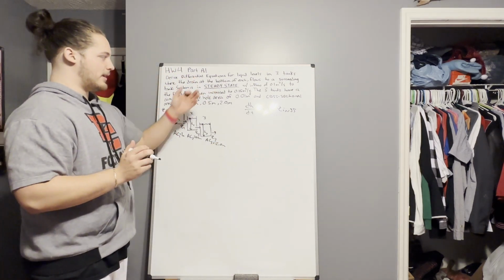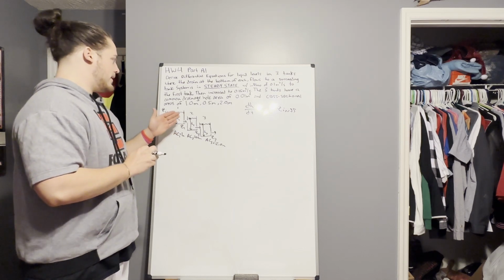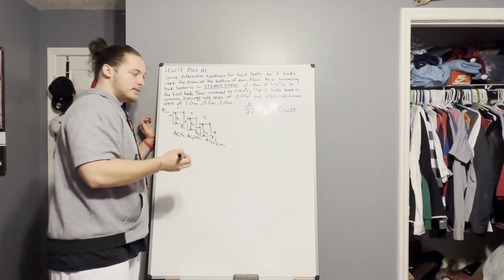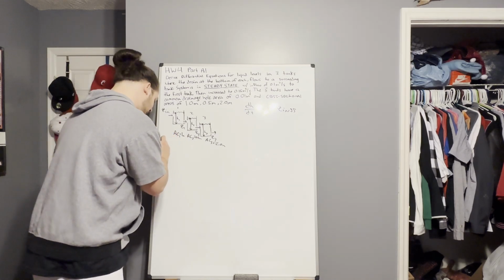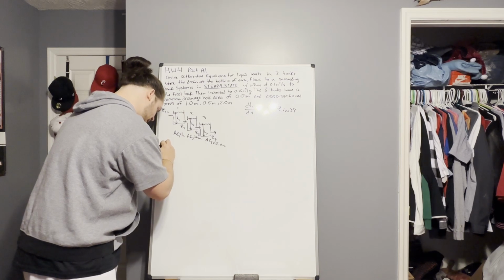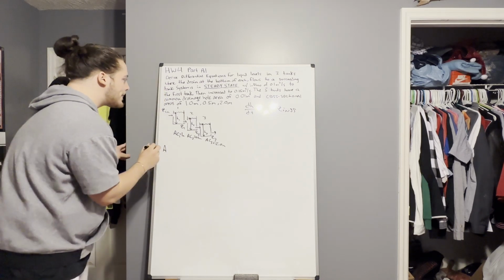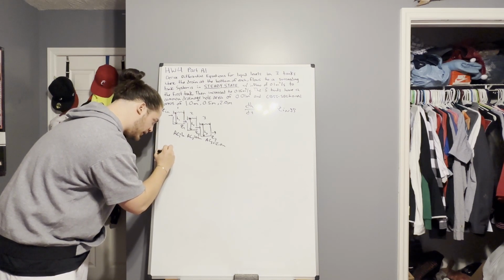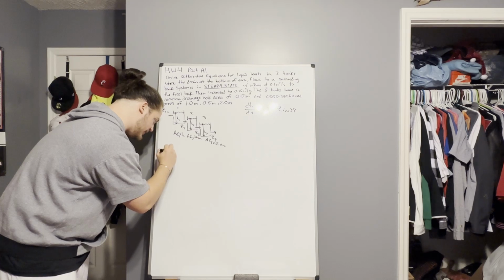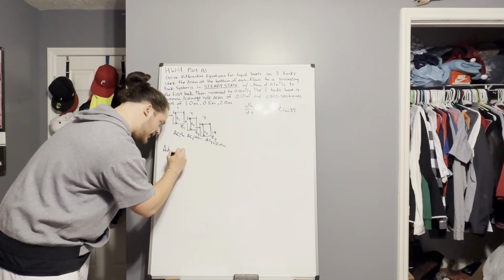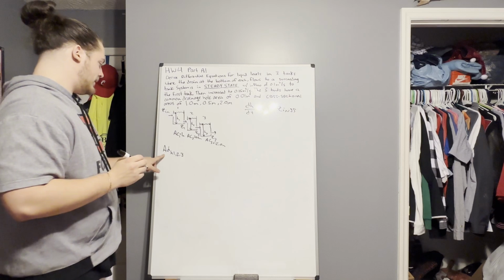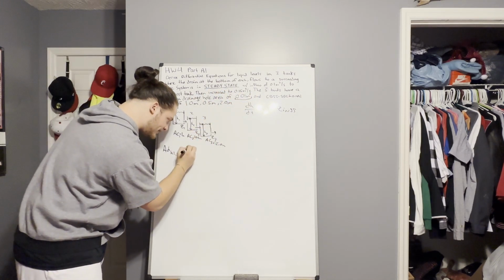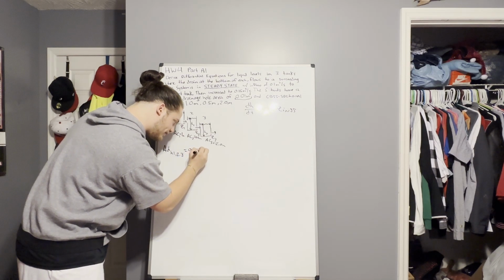And again, from our problem, we are given that all 3 holes have a common drainage hole area of 0.01 meters squared. So we can rewrite that as our drainage hole area for H1, 2, and 3, and we are going to write that as 0.01 meters squared.